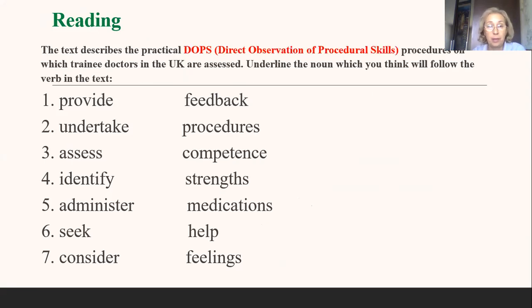The answer is given on the next slide, and here we have provide feedback, undertake procedures, assess competence, identify strength, administer medication, seek help, and consider feelings. Feelings of patients, maybe. Yes, how the patient's feelings can be taken into consideration.